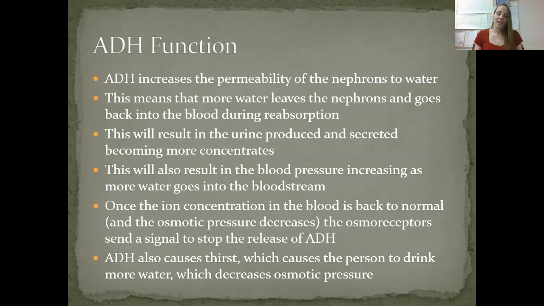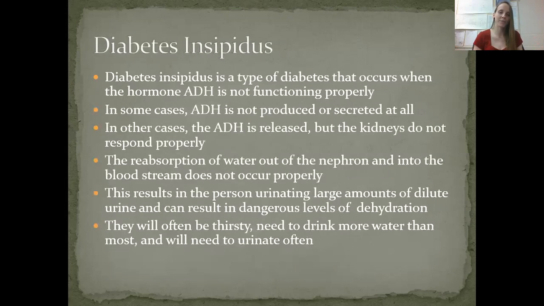And then once the ion concentration or the osmotic pressure goes back to normal, the osmoreceptors will unshrivel and they will stop stimulating the release of ADH. ADH also causes you to be thirsty, again, because it's just trying to get more water into your blood. You're dehydrated if you need ADH hitting your nephrons.